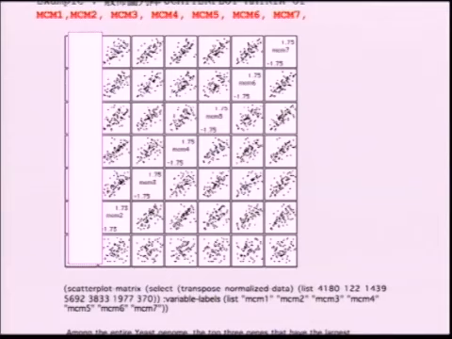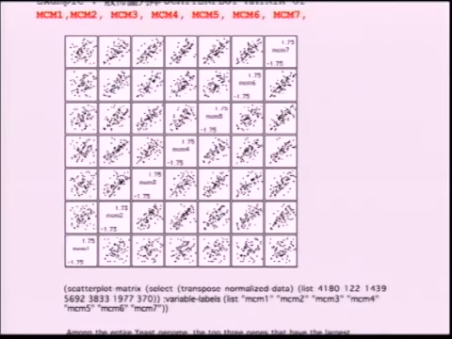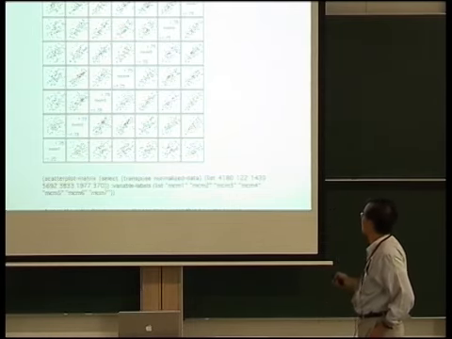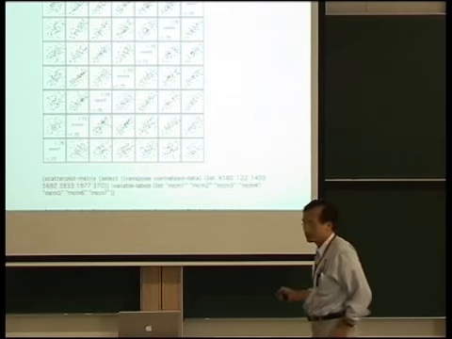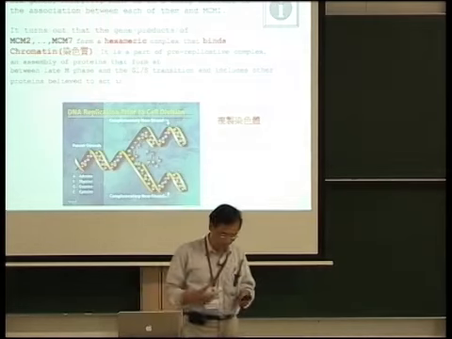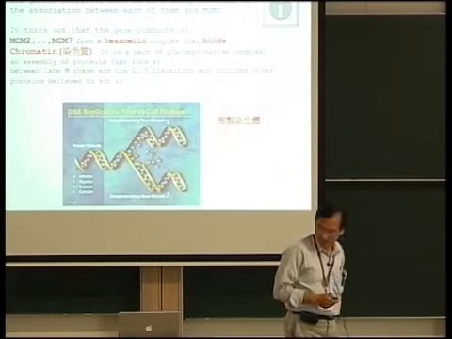This is another, MCM1, here. Then you see that all of a sudden this nice correlation is gone. This part is symmetric. So you can infer that the function of MCM1 is probably different from the rest of those MCMs, although they seem to be named in the same family, but in fact they are not.